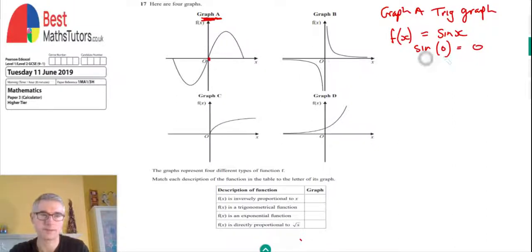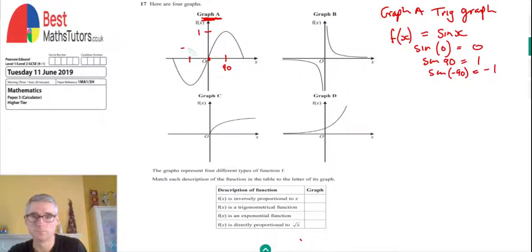If I put in sine 90, I'd actually get that the answer was 1, and that's this point here corresponding to it. So that value would be 1. If I put in sine of minus 90 into my calculator, then what I would get is minus 1. So that's this point here, minus 1.